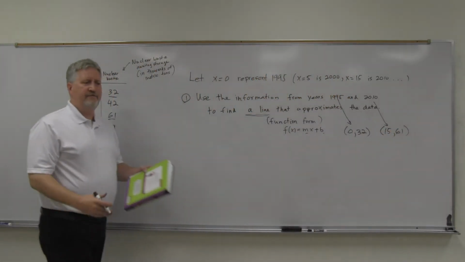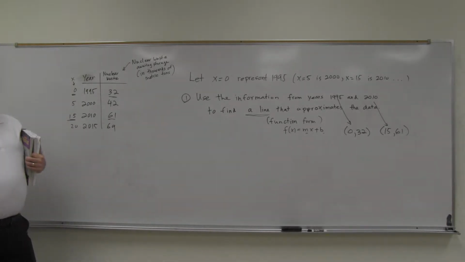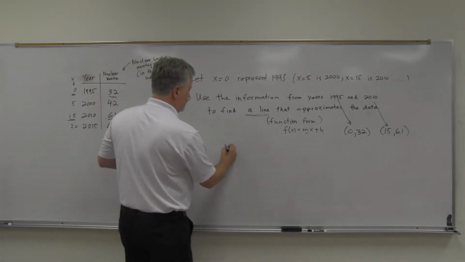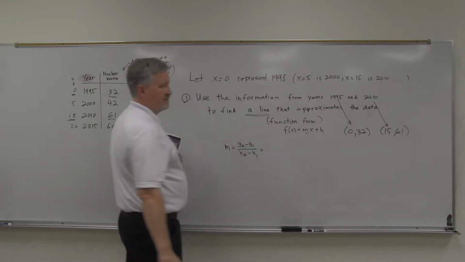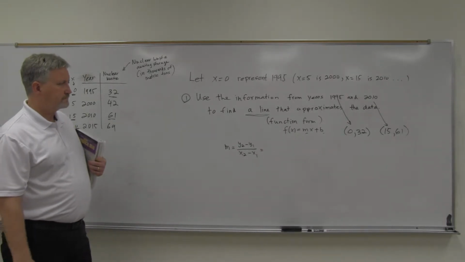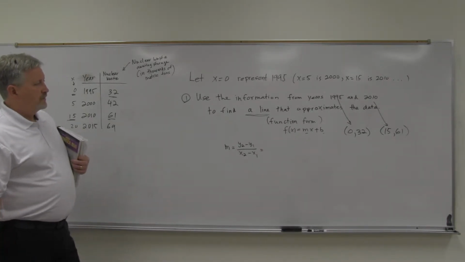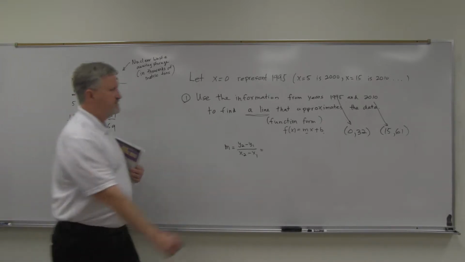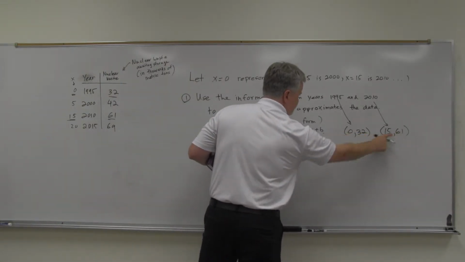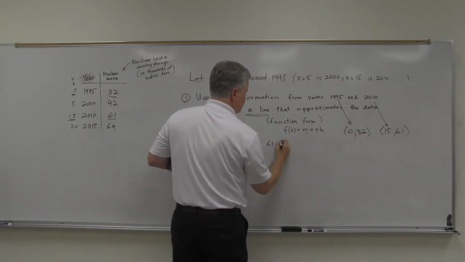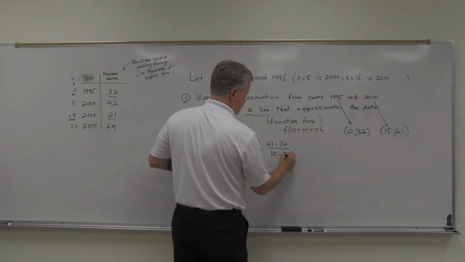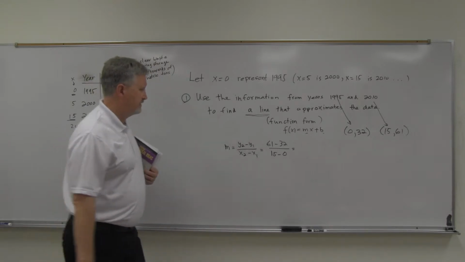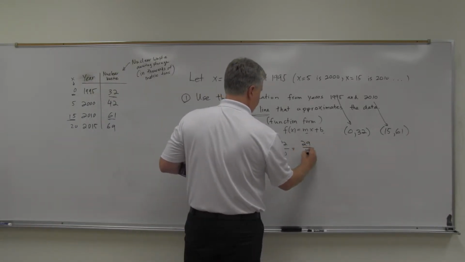So that might help you figure out what we need to do here, because to figure out the m, I might have to use the slope formula, aren't I? M equals y2 minus y1 over x2 minus x1. And that'll give me my m. So we'll take the second y, 61, minus the first y, 32, over the second x, 15, minus the first x, 0, so we've got 29 over 15.